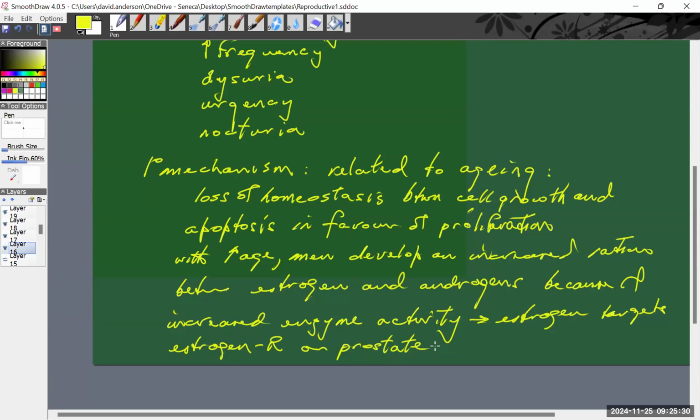Basically that means that the elevated levels of testosterone found in healthy men can't get converted to estrogen. So part of the group of androgens is testosterone. With low or absent levels of testosterone, there isn't that extra conversion that's going on with aging.